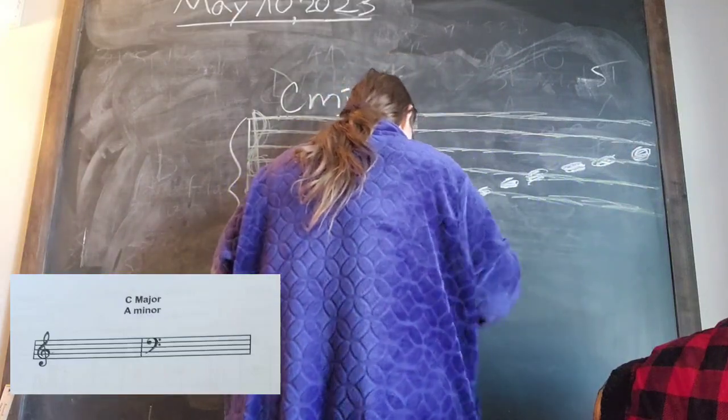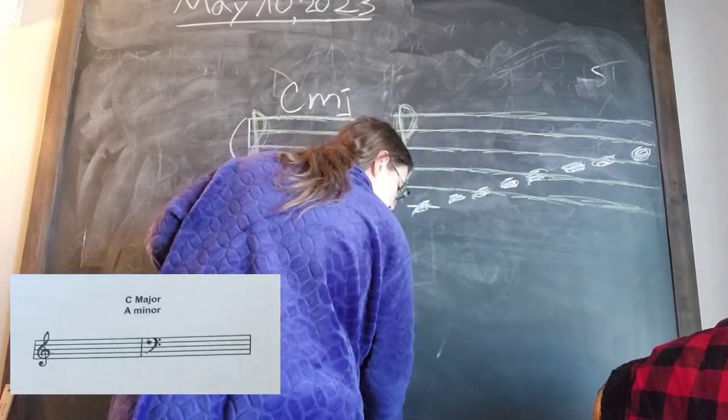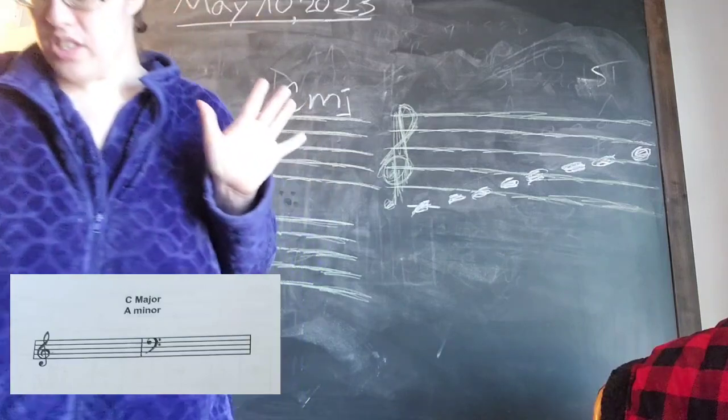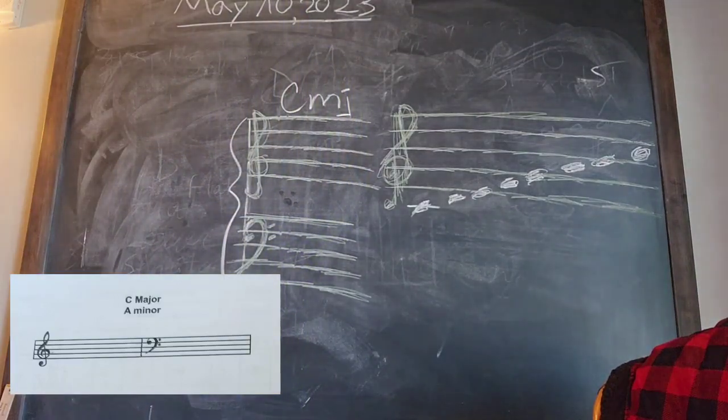To play this, I'm going to run over to the keyboard and play these notes. I'm just playing all the white notes on the keyboard. Okay, so here's a C major scale.